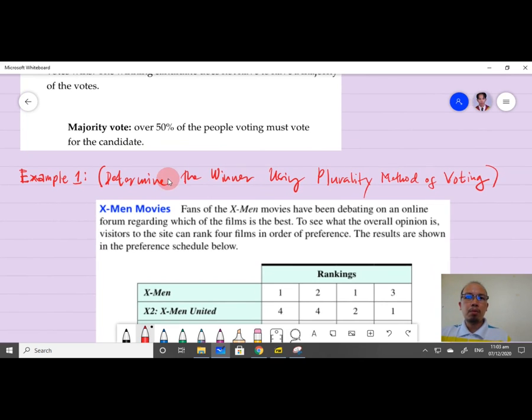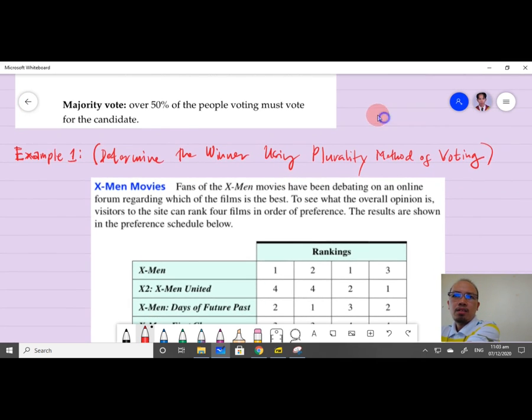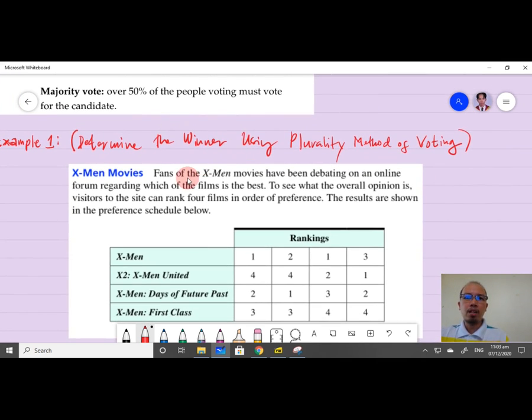So example number one, determine the winner using plurality method of voting. Okay, so this one, fans of the X-Men movies have been debating on an online forum regarding which of the films is the best.